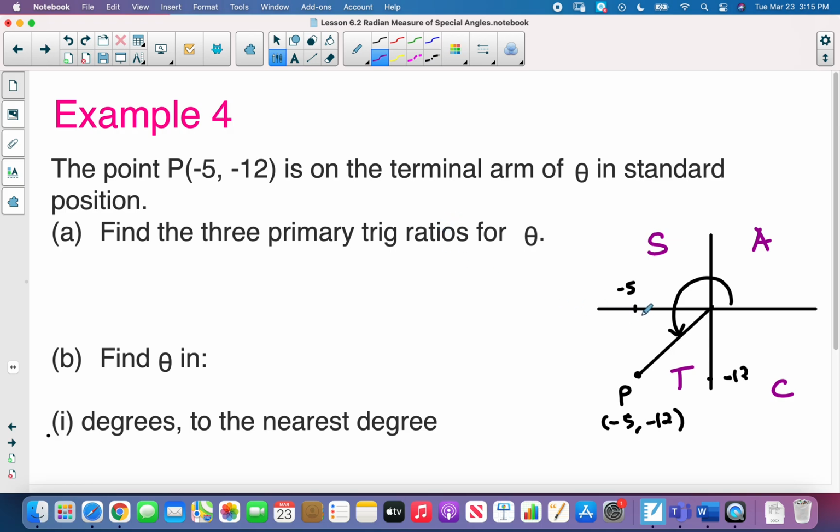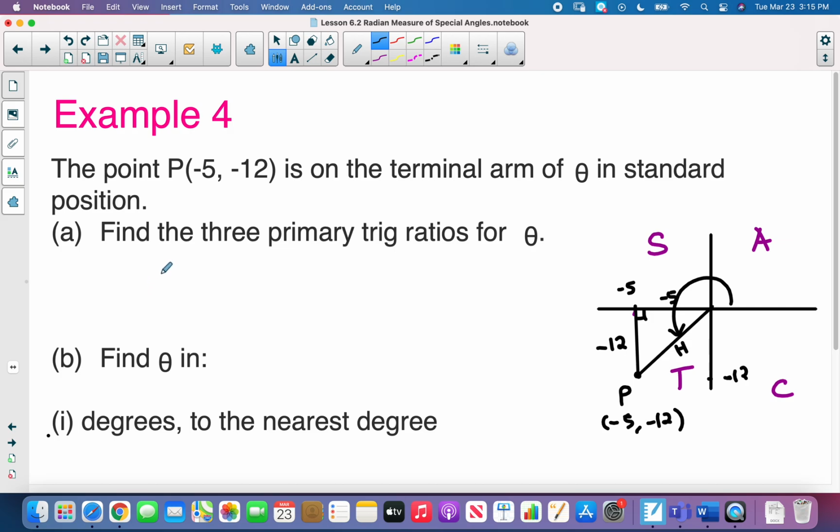How are we going to know what the trig ratios are? Let's complete this triangle. Let me just draw a straight line like this. And I draw this so I can create a right angle triangle here, where this length from here to here is negative 5. This length from here to here is negative 12, right? And this is the hypotenuse.